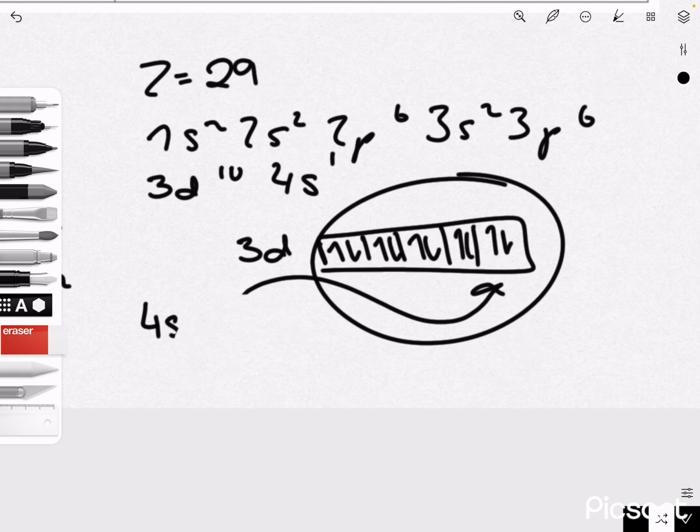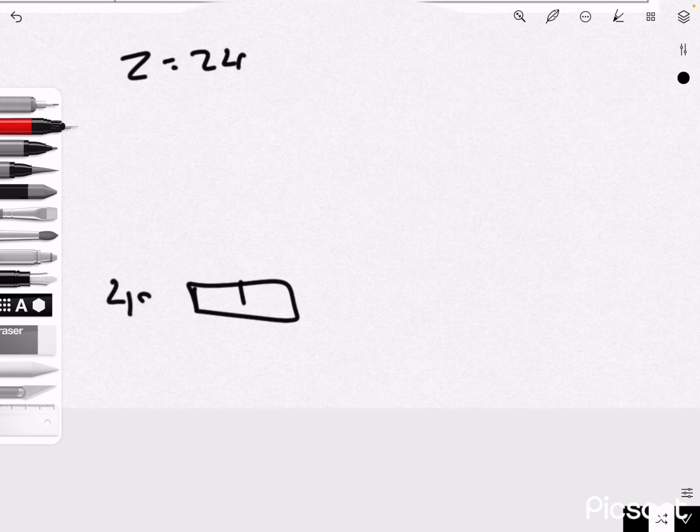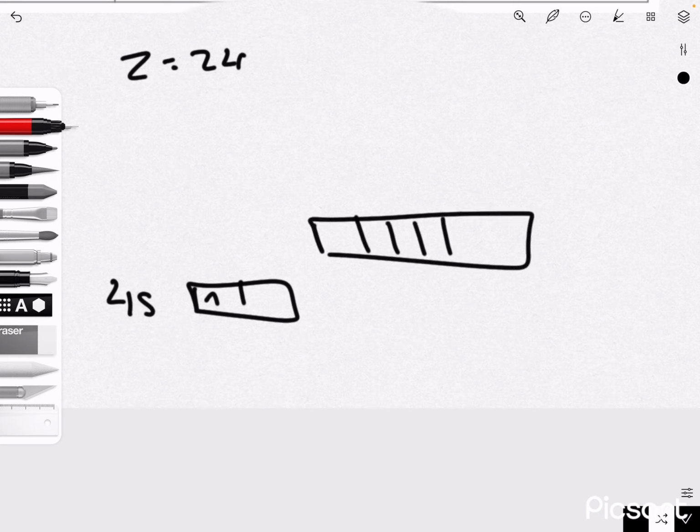And we have a similar case with chromium, Z equals 24, where our 4s orbital will also promote its second electron so that you have a half-filled d subshell.